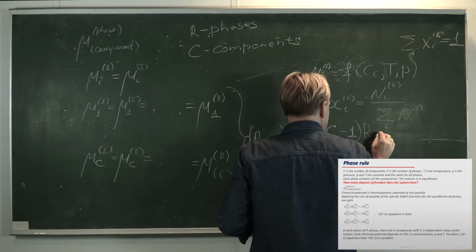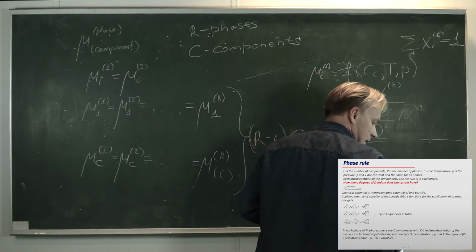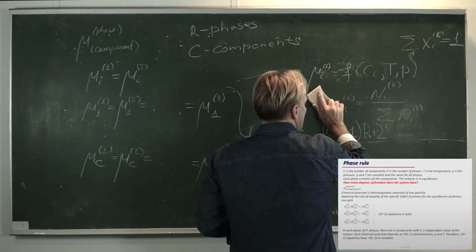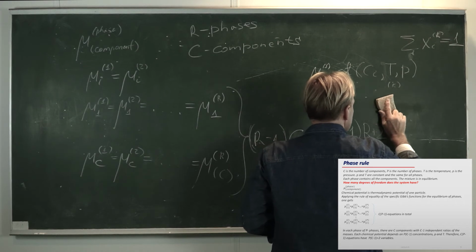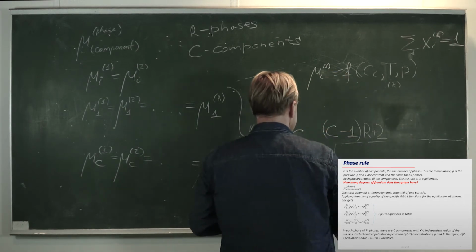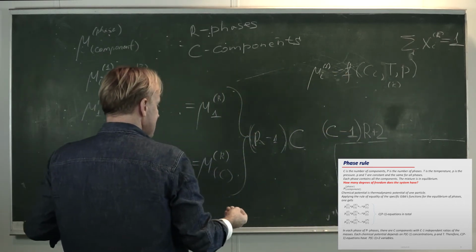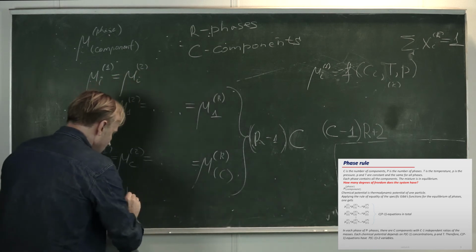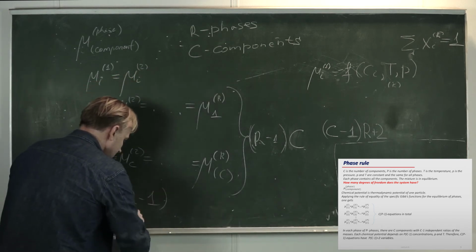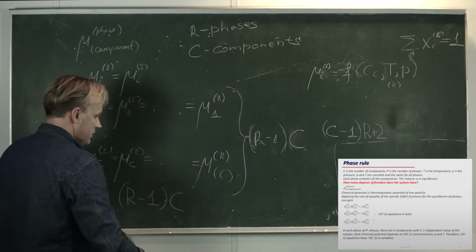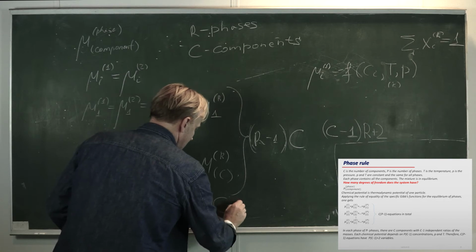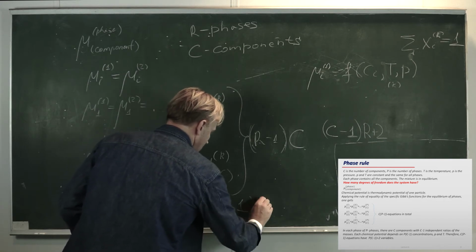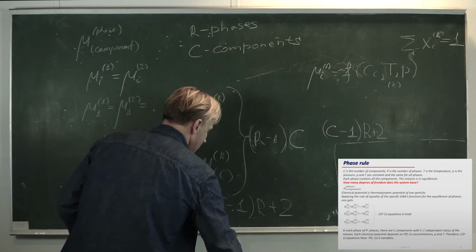The total number of variables we have in this case is (C minus 1) times R plus 2. So let's summarize what we have here. We have (R minus 1) times C equations, and they have (C minus 1) times R plus 2 variables.